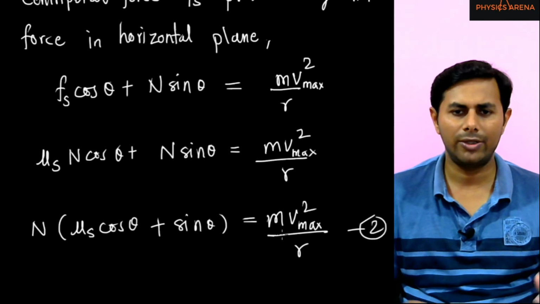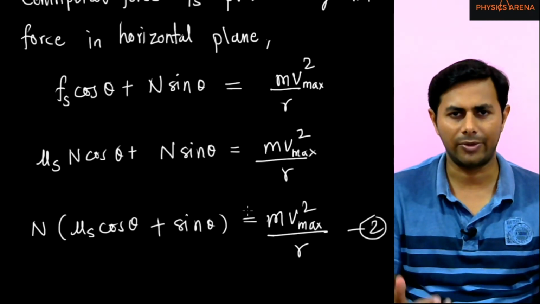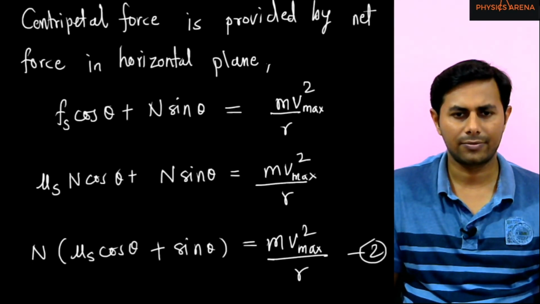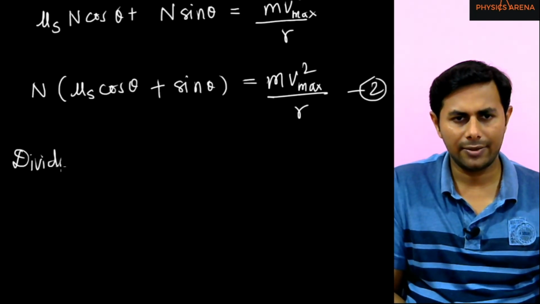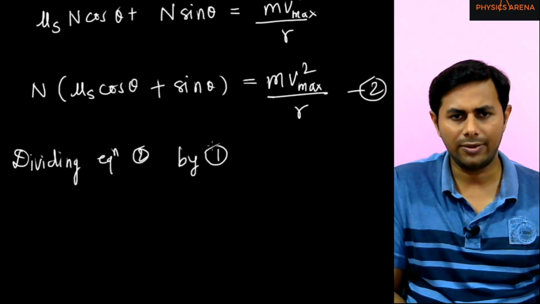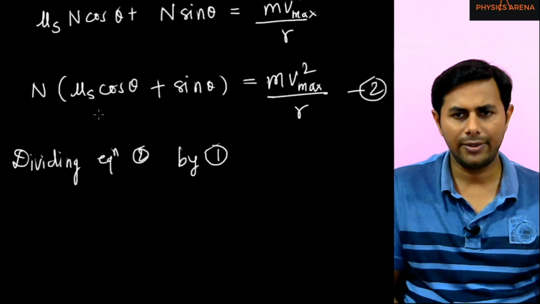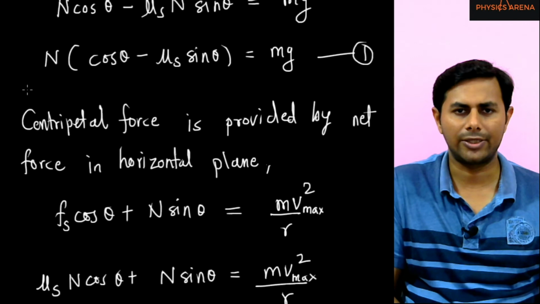Now I will divide the second equation by the first equation. So N and N will get cancelled.